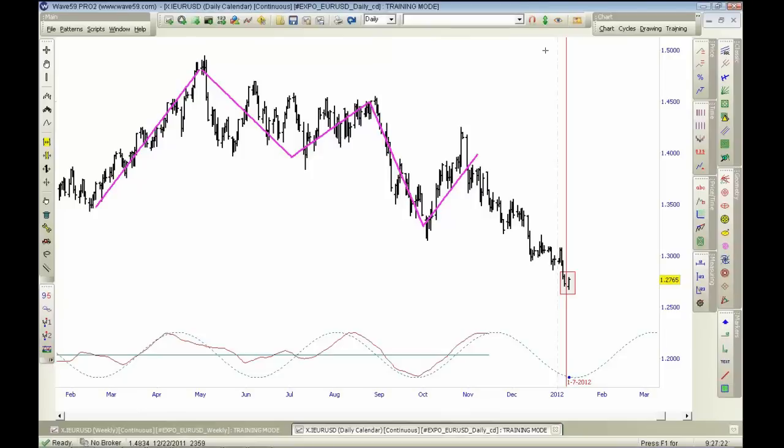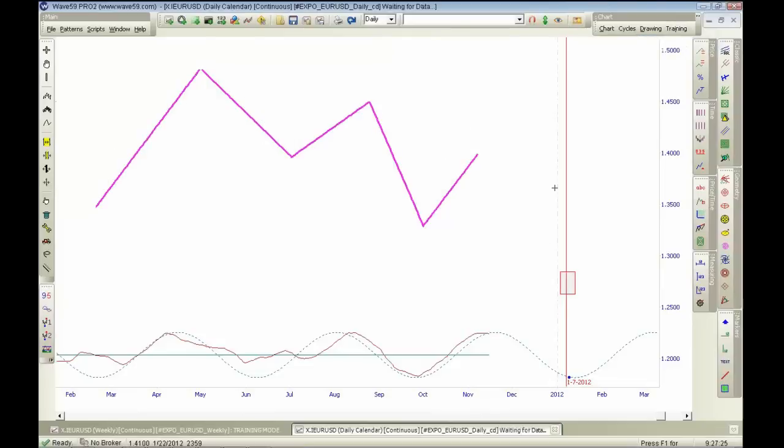If we enter training mode here, as I explained to you, after this low was detected in the beginning of January, for sure you know that markets just moved up from this price information. So what you see here on the chart are the updates of the price data for just today.